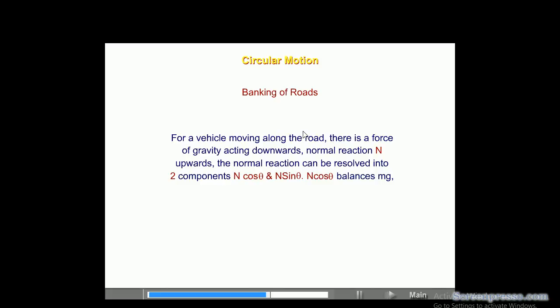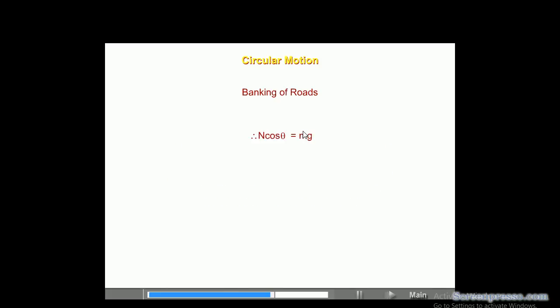N cos θ balances mg, while N sin θ balances centripetal force mv²/r. Therefore, N cos θ is equal to mg, N sin θ is equal to mv²/r. Therefore, tan θ is equal to v²/rg. θ is equal to tan⁻¹(v²/rg).